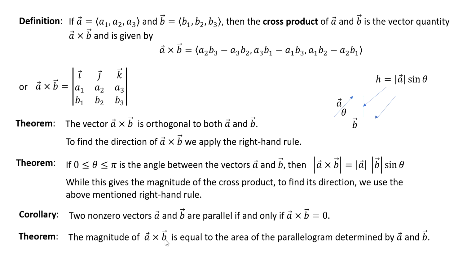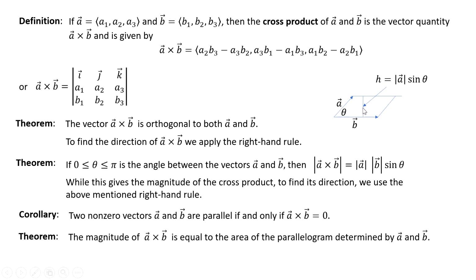That is true because, as you can see, if the angle between these two vectors A and B is theta, and this height is h, I'm claiming that h is actually the magnitude of A times sine theta. Would you agree with that?